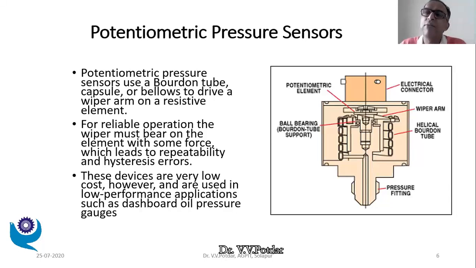So that type of slider is connected to the free end of this Bourdon tube. And as the pressure is applied, the angular displacement of the Bourdon tube is transmitted through this wiper arm on the resistance wire, where we have the potentiometric element.